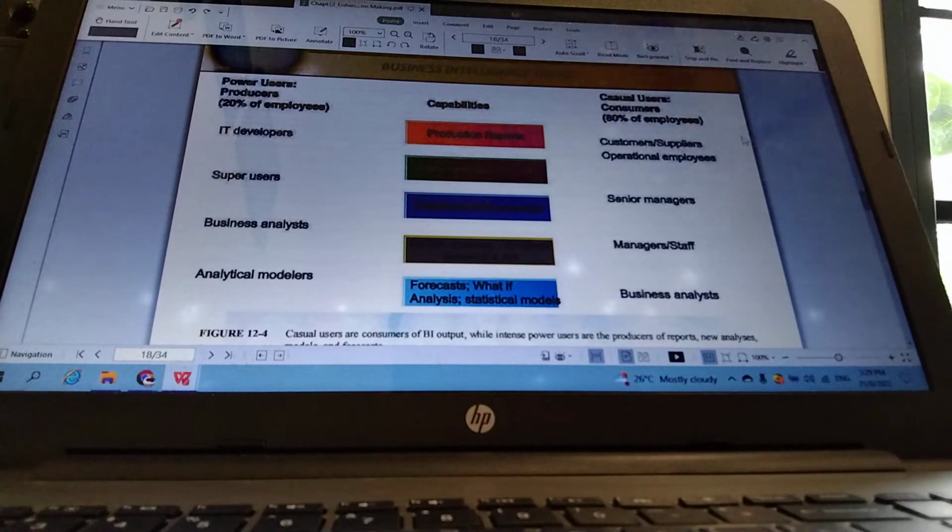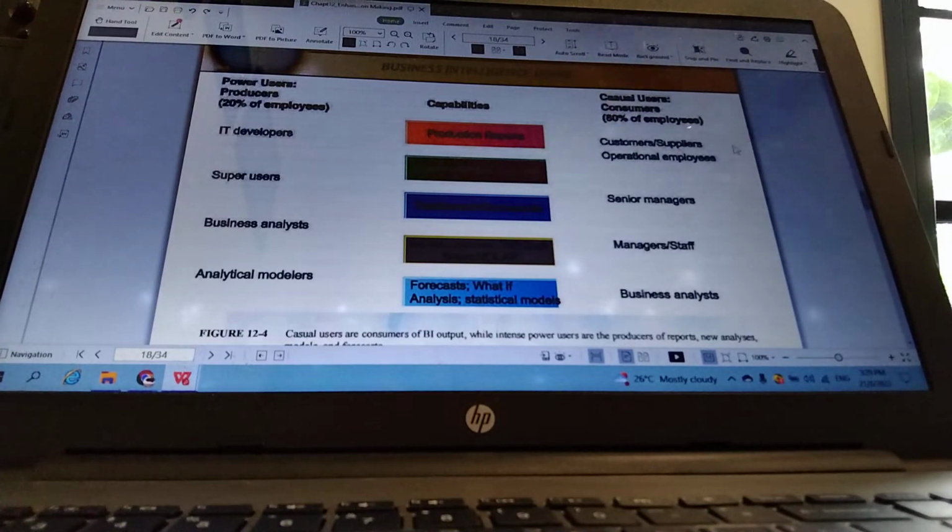So BI is being used actively by 80% of the users for different purposes, but generally at a high level to help them make decisions.